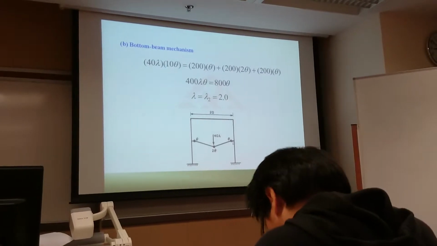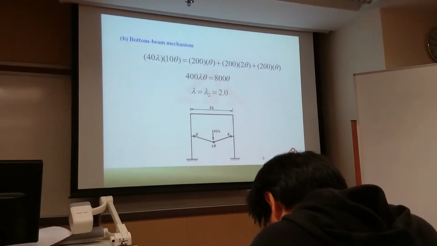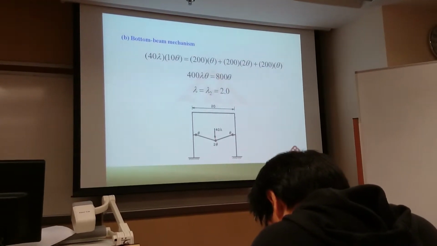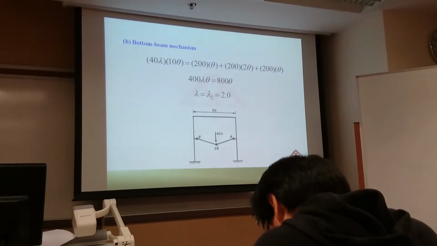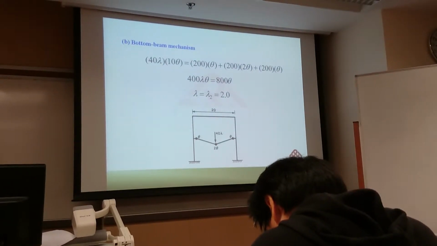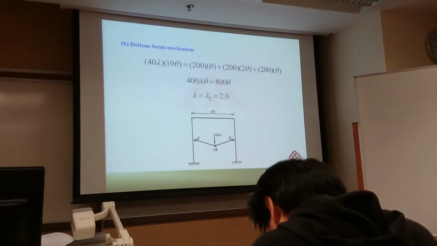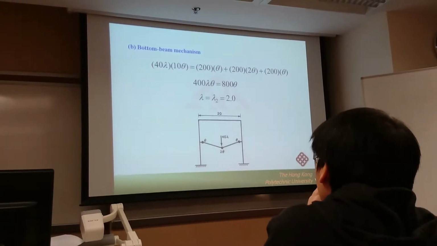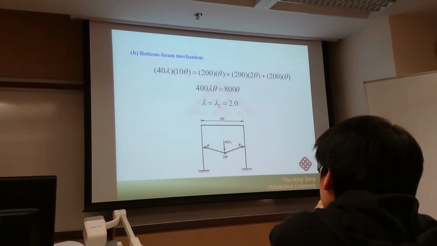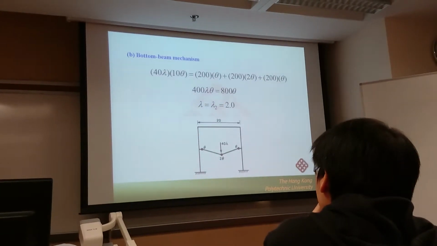beam mechanism. It is different. I want to show you it is different from the top beam mechanism. In the top beam mechanism, for the 2 ends, we select the plastic moment equal to the lesser value.